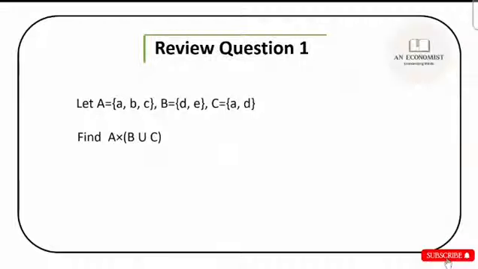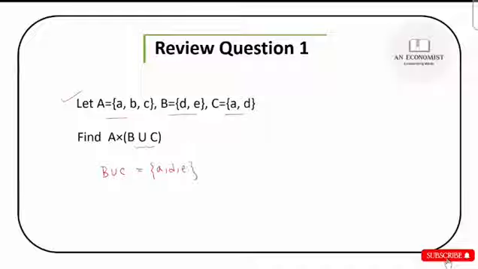Now let's quickly do a question. Question 1 says you have a set A, you have a set B and set C. You need to find A cross (B union C), right? So first find out what will be B union C. It will be {A, D, E}, right?